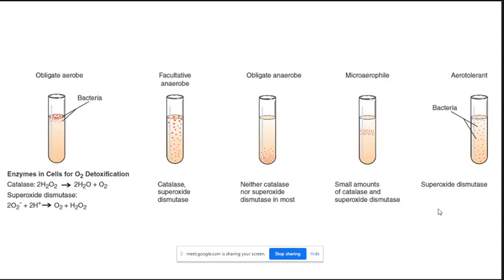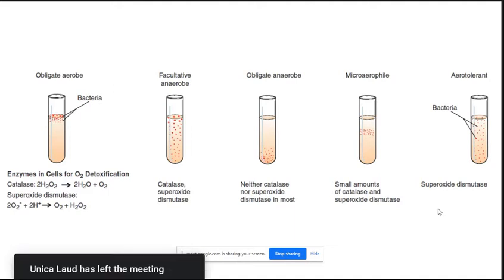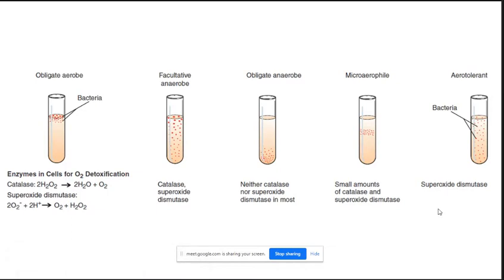Next, facultative anaerobe. Except for those who have already recited. Nolan, go. Like the obligate aerobe, this facultative anaerobe can also require oxygen, but they can survive without it.